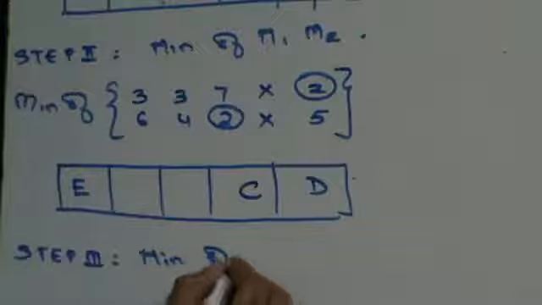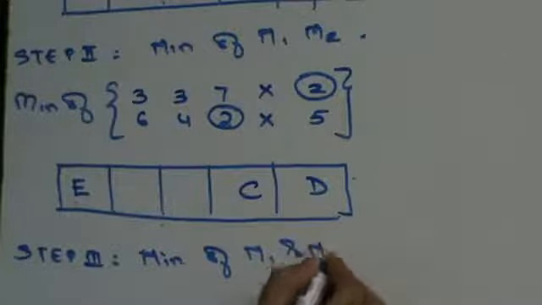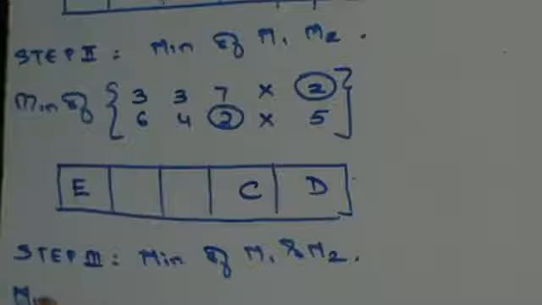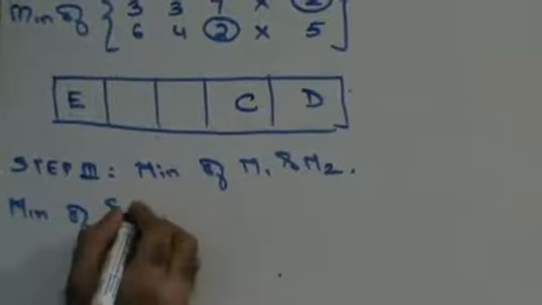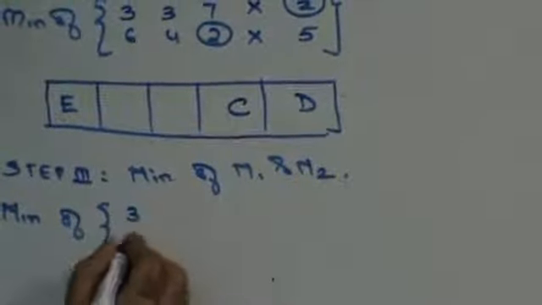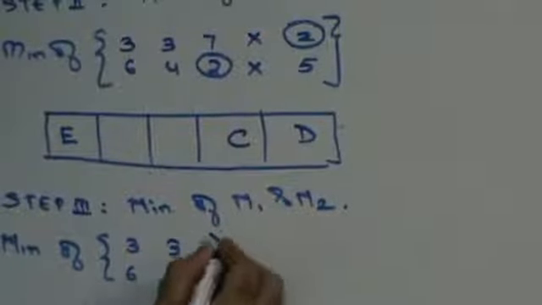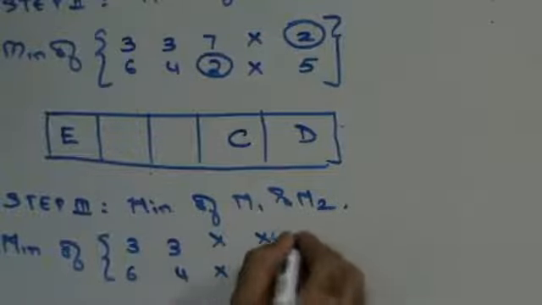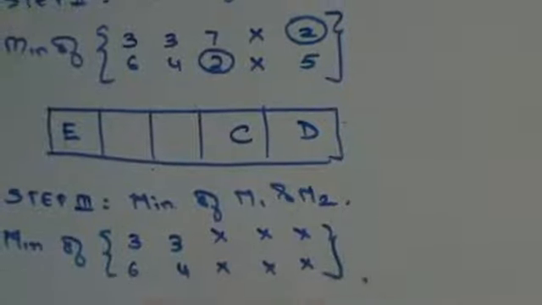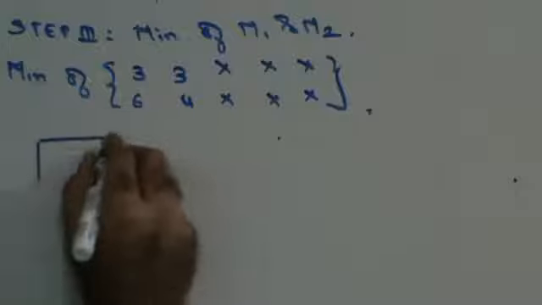Minimum of M1 and M2. So minimum of 3, 6, 3, 4. This is cancelled out, this is cancelled out, this is cancelled out. Now we have a problem, people. Here both the minimum elements are in the same row, so there are going to be 2 alternatives.